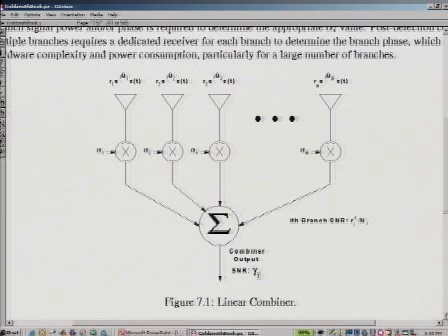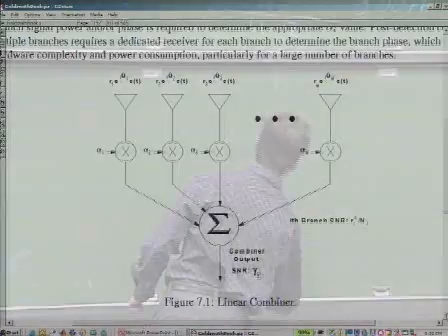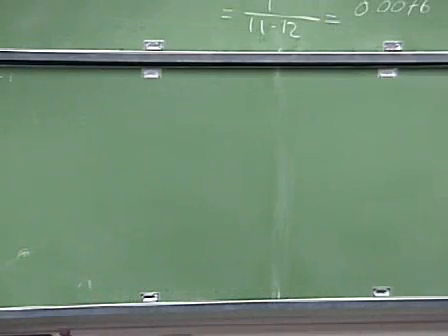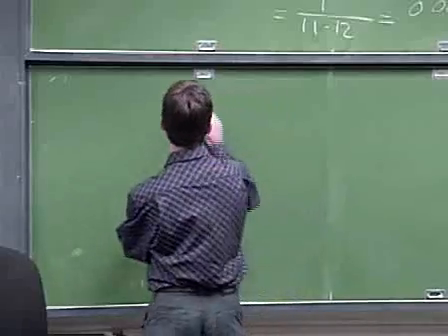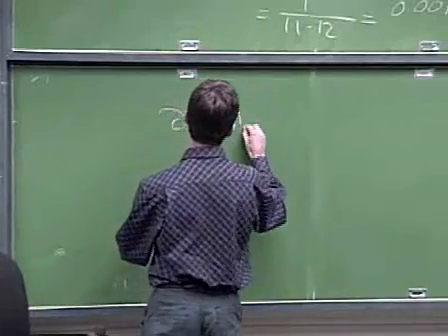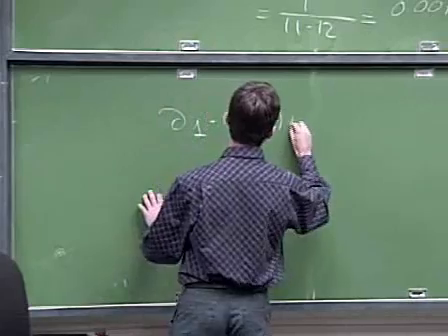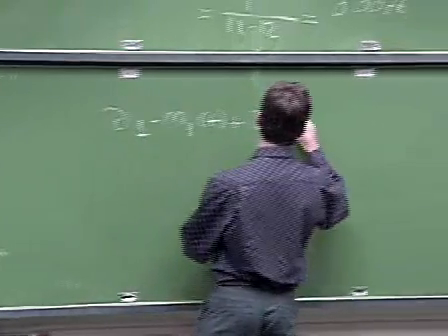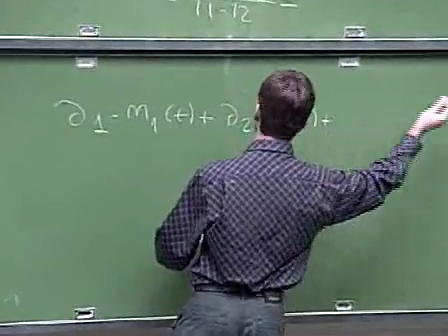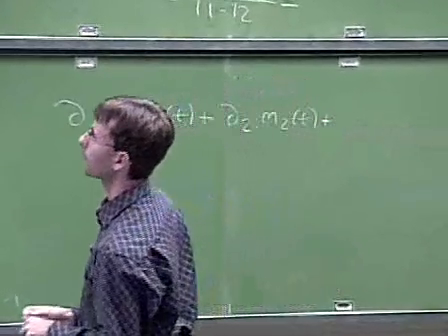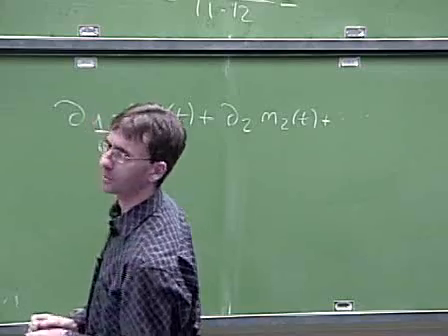So we're going to get A1 times the noise in the first antenna plus A2 times the noise in the second antenna, up to M, okay?